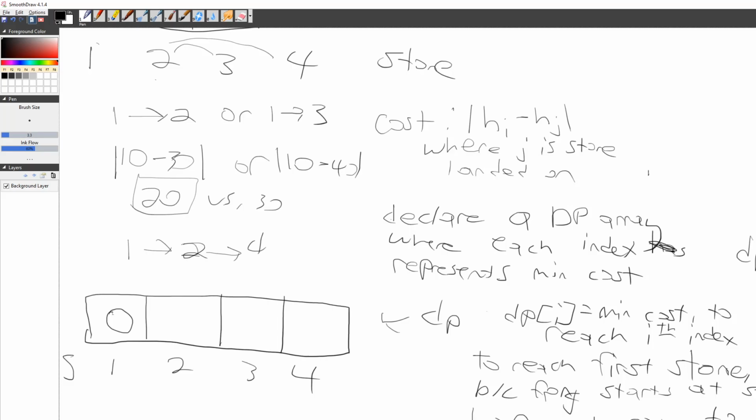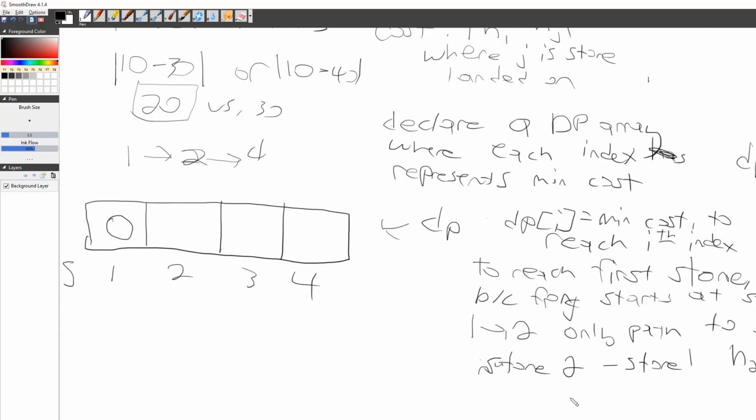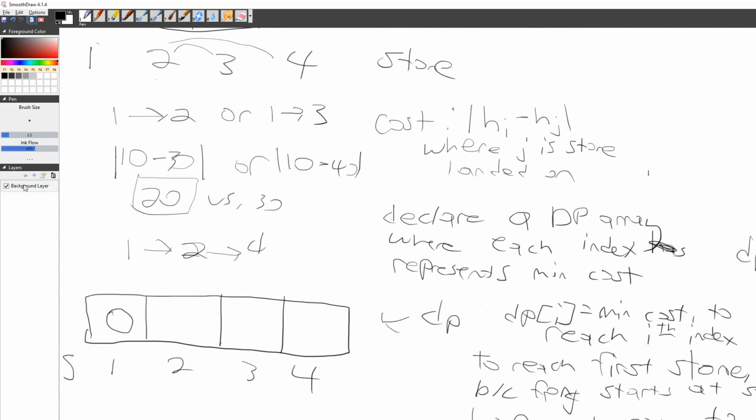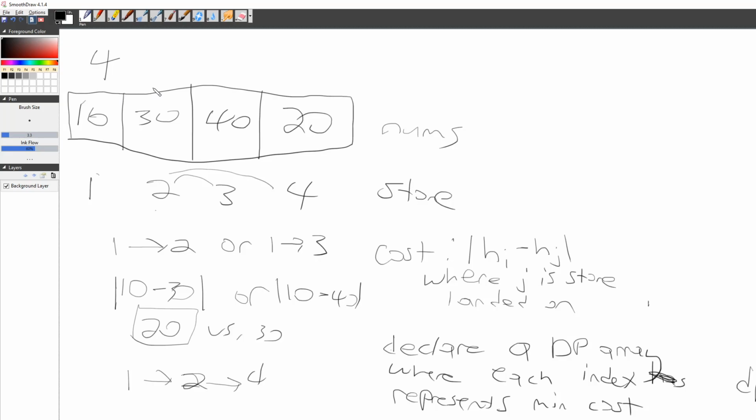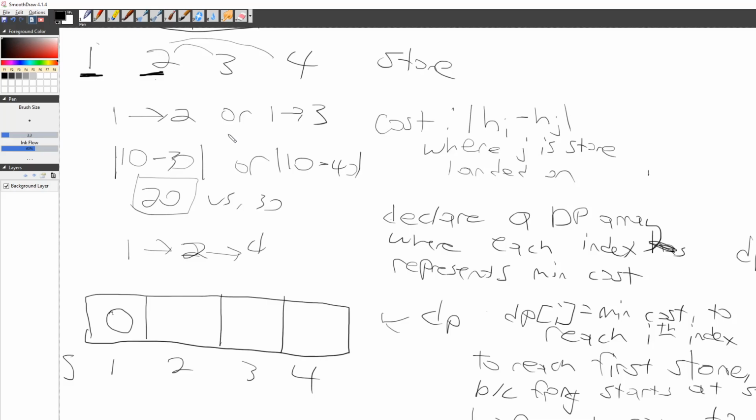So it's going to be h of 2 minus h of 1, which in this case is 30 minus 10. So 30 minus 10, as we can see here, because we have to subtract h of 1 minus h of 0, or stone 2 minus stone 1. So DP of 1 is going to be the value of 20.